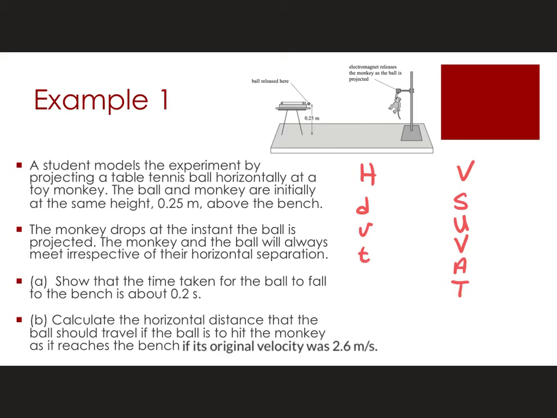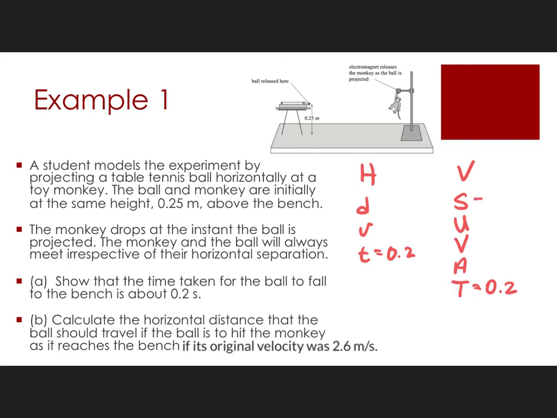So let's take a check. We're looking for the time it takes to fall. Now realize that the time is true for both cases, both vertically and horizontally, and that's because time is a scalar. We also know that the height is 0.25 meters. Now that is a vertical value, so I need to put it in the vertical information.